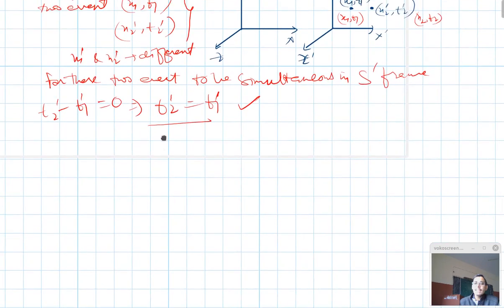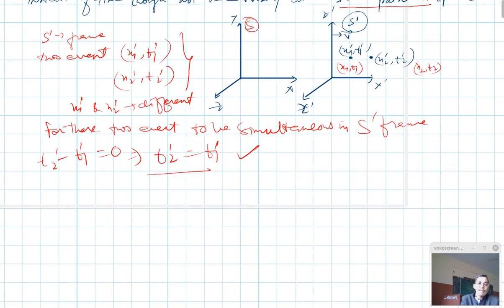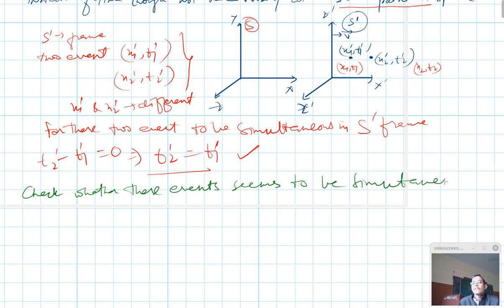Now I will check whether these events seem to be simultaneous or not in the S frame. So what will happen to them? Let us see. Let me evaluate t2 minus t1.